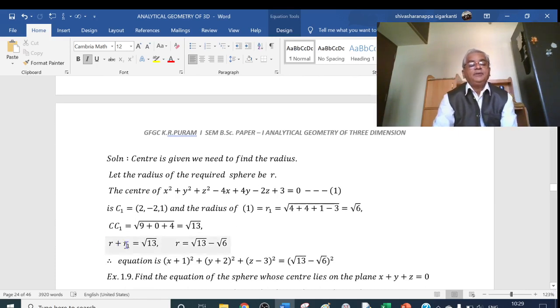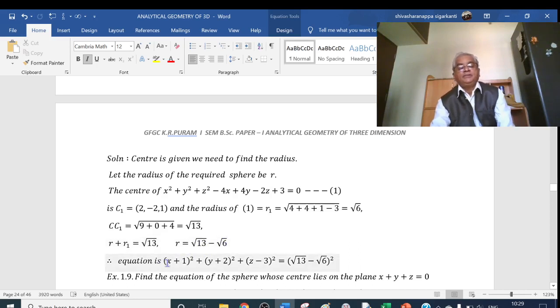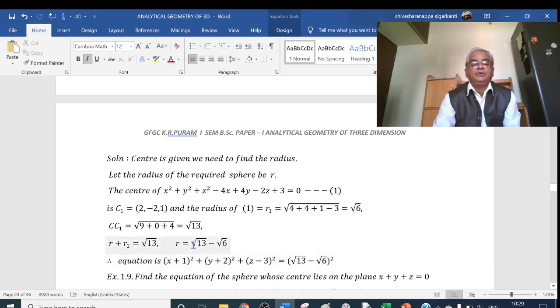Now we have R plus R1 equal to root 13, or we write R is equal to root of 13 minus R1. Already we have the value of R1, root 6. So here R is equal to root of 13 minus root of 6. Then the equation is given by (x minus alpha) square plus (y minus beta) square plus (z minus gamma) square is equal to r square.